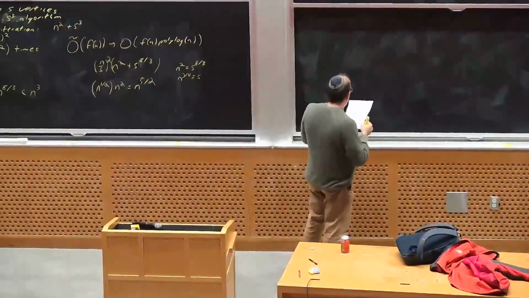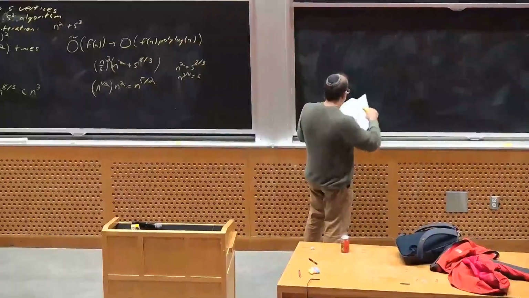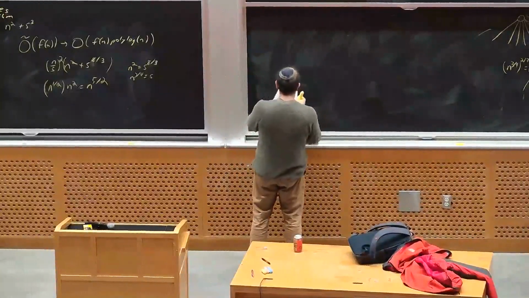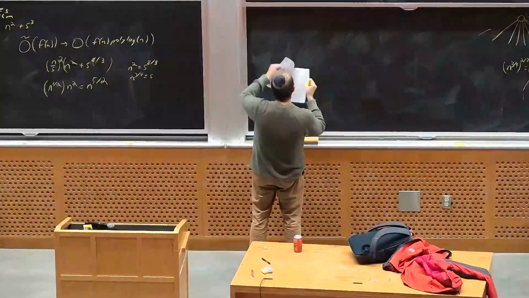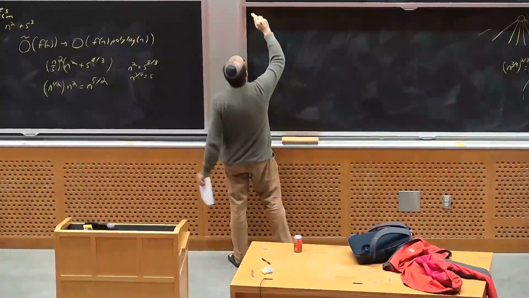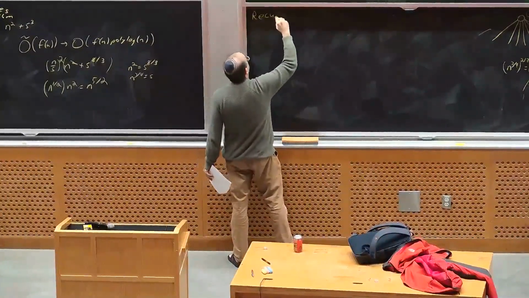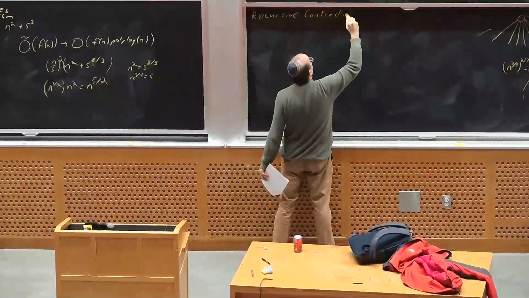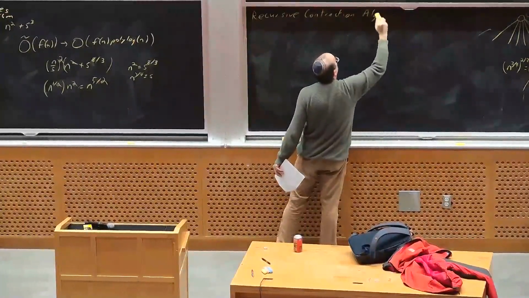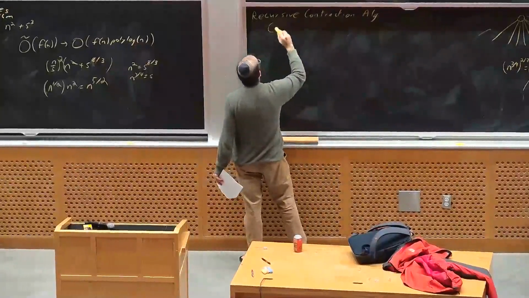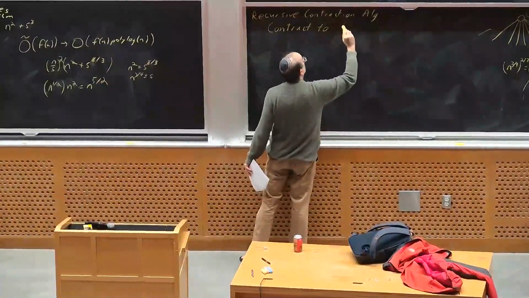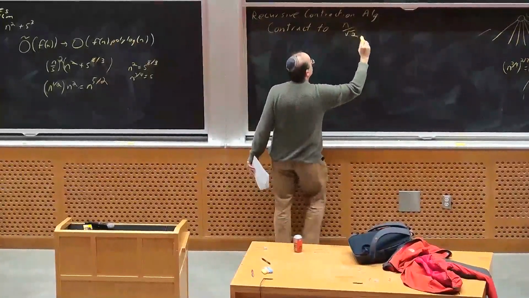And it turns out that the optimum solution is what I'm going to call the recursive contraction algorithm, which is contract to n over square root of 2.